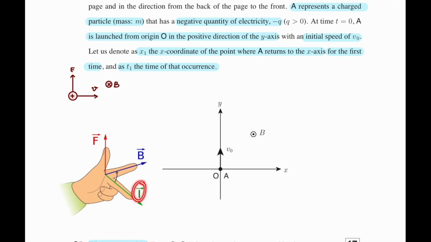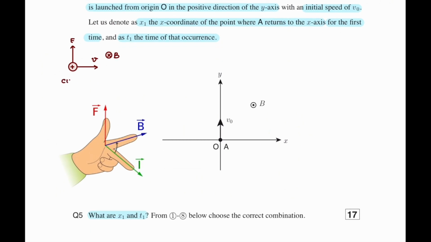This is I or V, the same thing. Since F and B, and F and I or V, are always perpendicular with each other, that means this particle will move in circular motion.